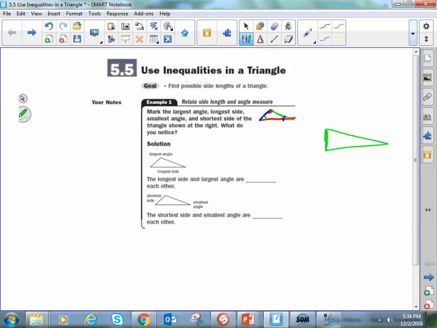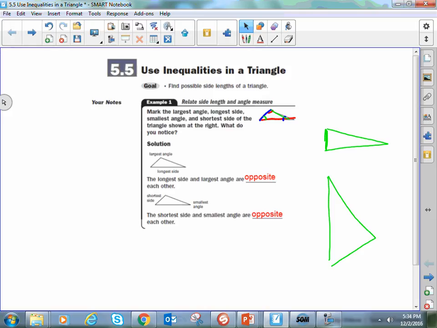But if you're grabbing something that's really, really big, then you've got to open up your arms bigger. So the angle is going to be more. The bigger the side, the bigger the angle across from it. It's just common sense to me. Maybe there's a physics lesson in there somewhere, I don't know. But the smallest side is across from the smallest angle, and the largest side is across from the largest angle.